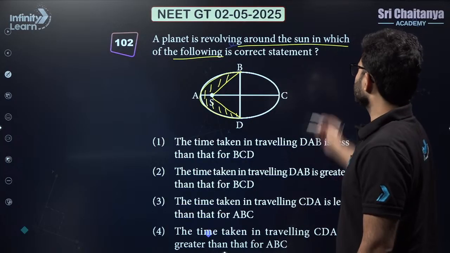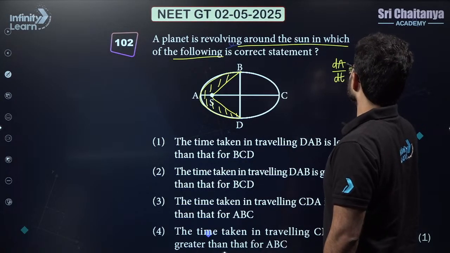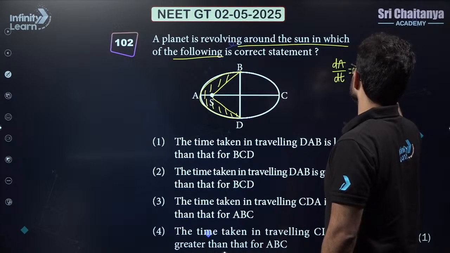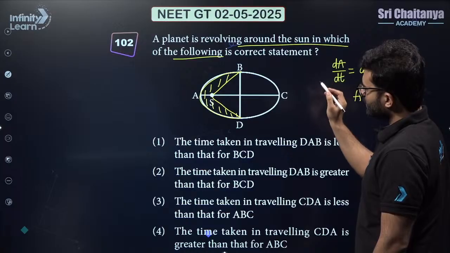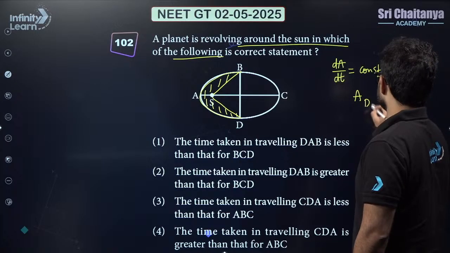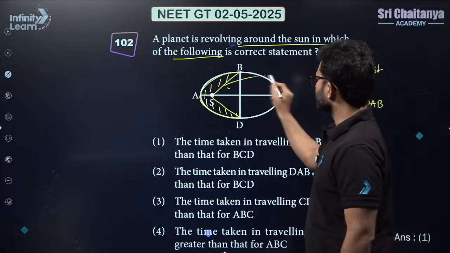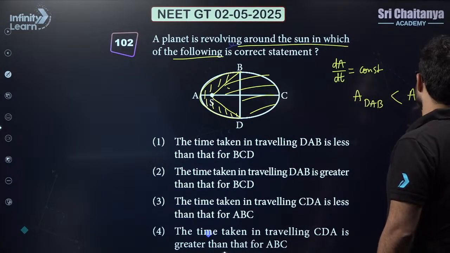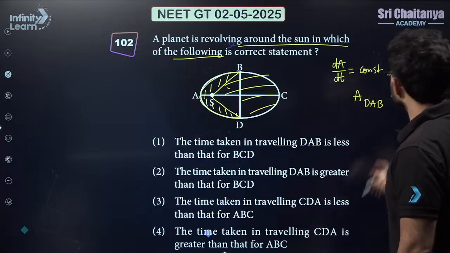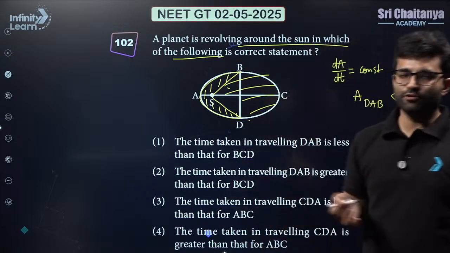So basically they are asking, this is an application of Kepler's second law, that rate of change of area is constant, correct? Understood? So you can see that the area subtended by DAB and the area subtended by DCB, which is this one. So DCB is greater, right? Since this area is greater, the time taken also has to be greater for the ratio to be constant, right?